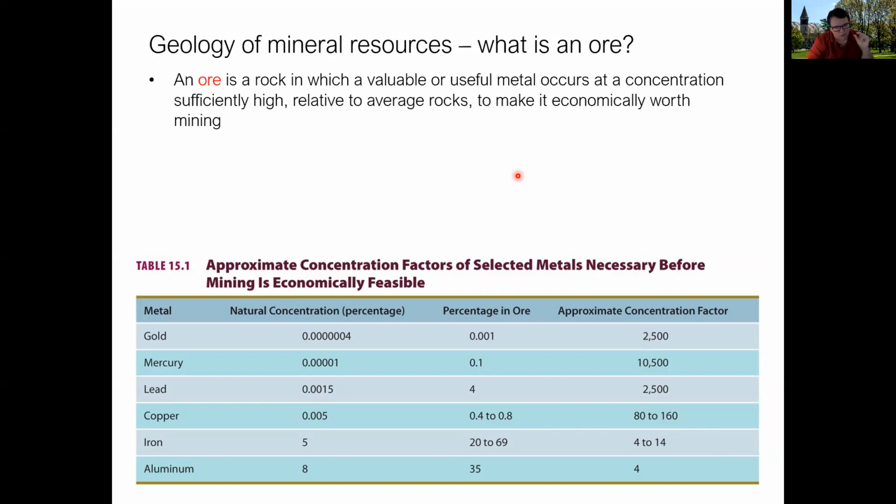But if that gold's not concentrated to the point where I can pull it out in an extractable economic fashion, it's not an ore deposit. However, if I find a little band of metal-rich, intrusive rock, what we call an ore deposit, that has a high amount of something like copper in it, and I can harvest that out really easily and send that back for processing, it could be an economic ore deposit.